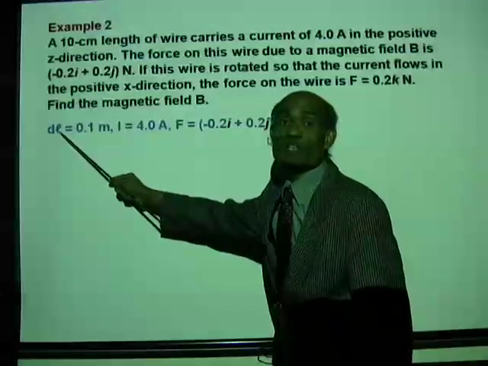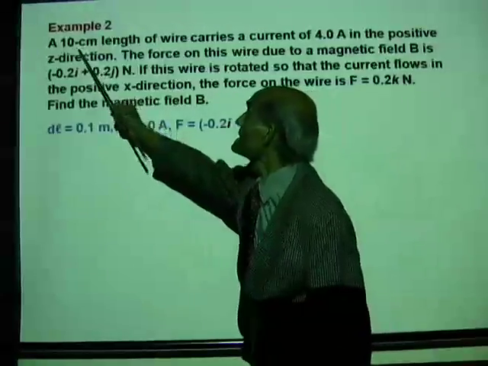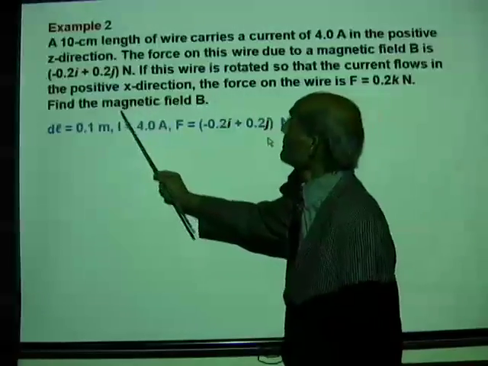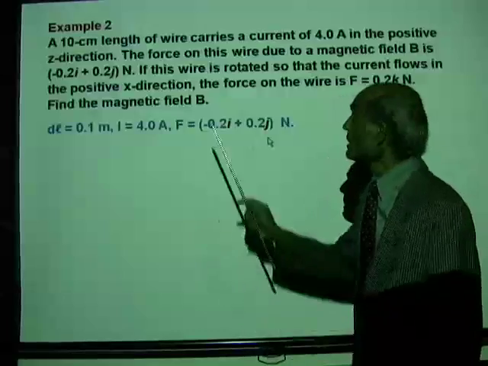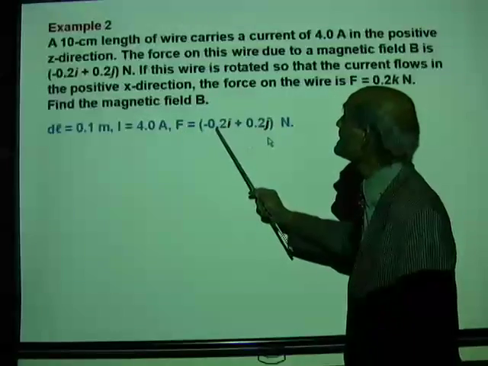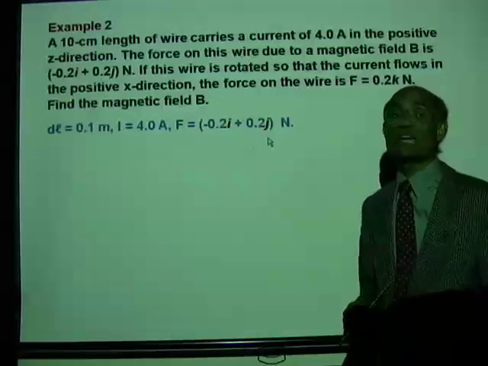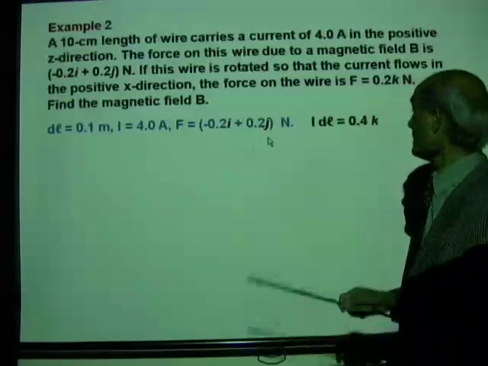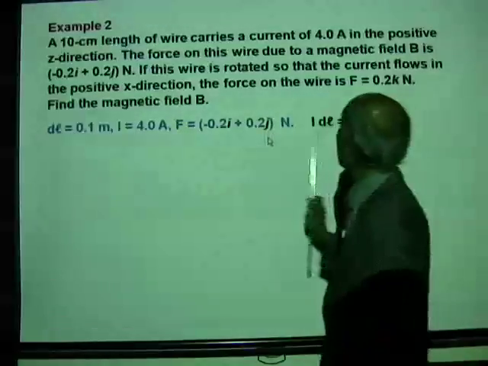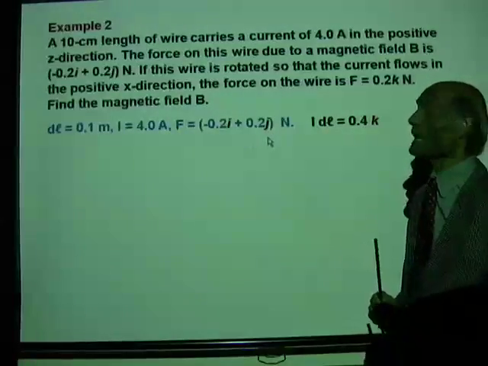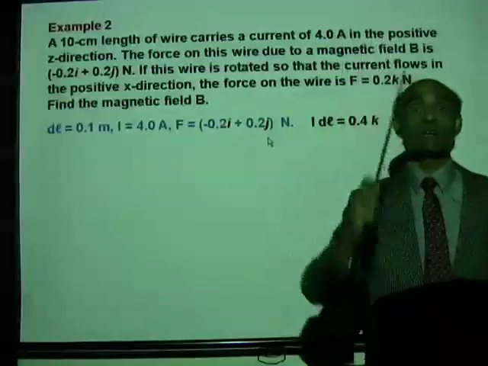The length of the conductor that carries current is 0.1 meter, 10 centimeter. The current is 4 ampere, so I is 4 ampere. The force is given to be negative 0.2I plus 0.2J Newton. Now, I times dl is 0.4K. Why? Because the current is in the K direction.